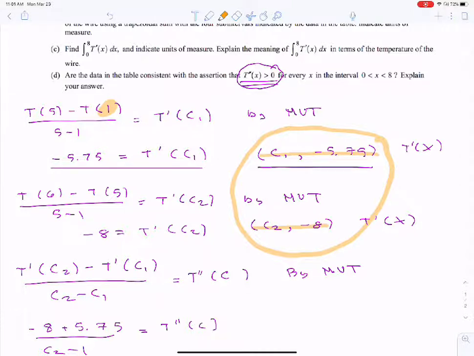I started at 1. To come up with my last value, in order to get that C2 value, that was my endpoint on that one. So what that tells me is from 1 to 6, there has to be some C value where the second derivative is negative. Again, is that specific? No. Is that a small interval? No. Do I know where it is? No. But it has to be negative in that interval. And the only reason I'm doing that is because those are my furthest apart pieces. Hopefully that answers that question.